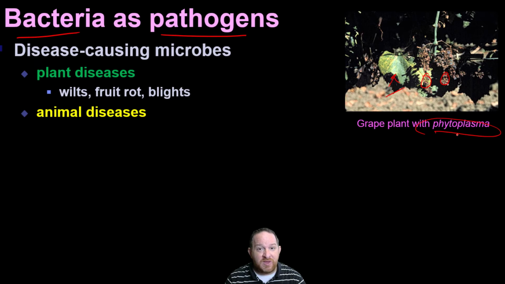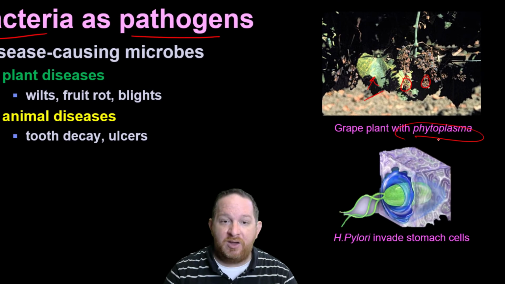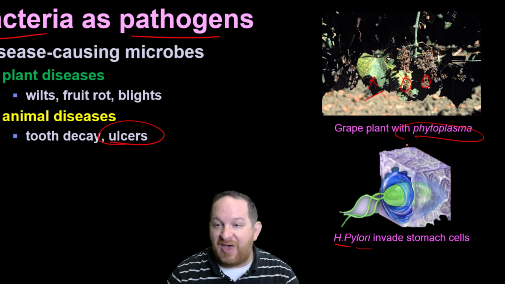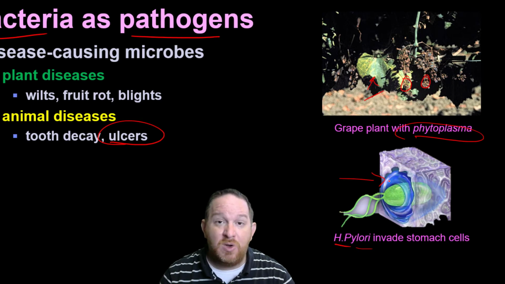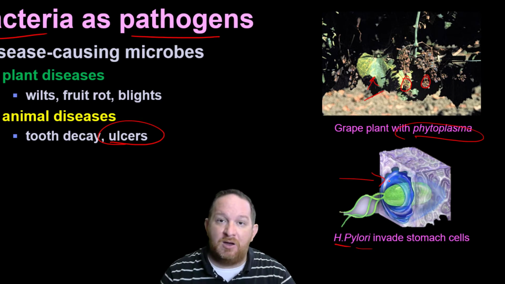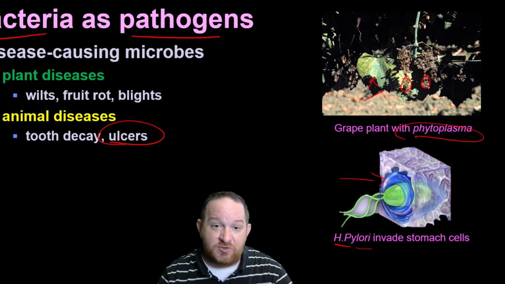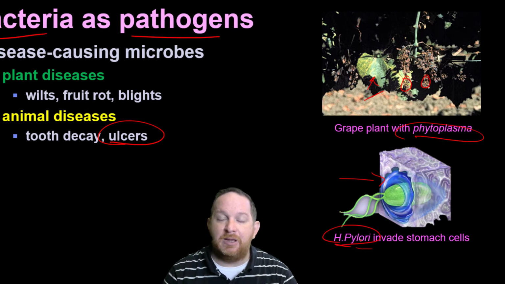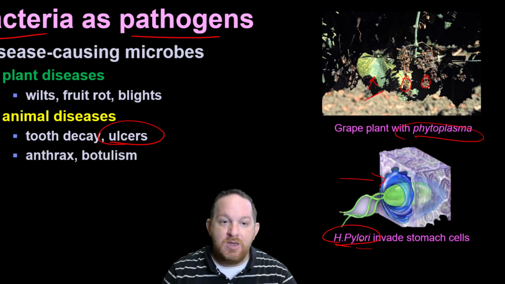And then you think of bacteria often with all these diseases that we find in animals. So tooth decay, actually caused from bacteria on the teeth. Ulcers, right? Some of them are actually caused by a bacteria, Helicobacter pylori. And they invade your stomach cells and cause infection. So some people that have lots of stomach ulcers, that might be because they have a bacterial infection called Helicobacter pylori.